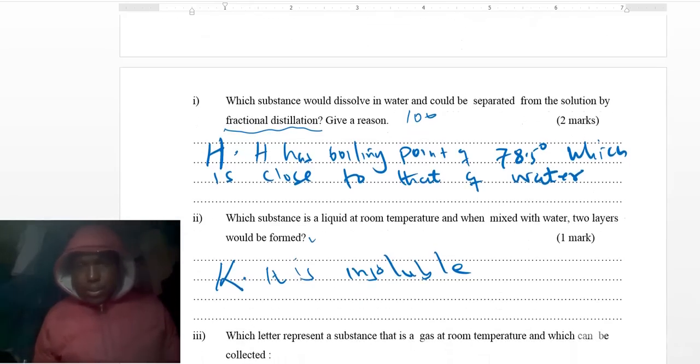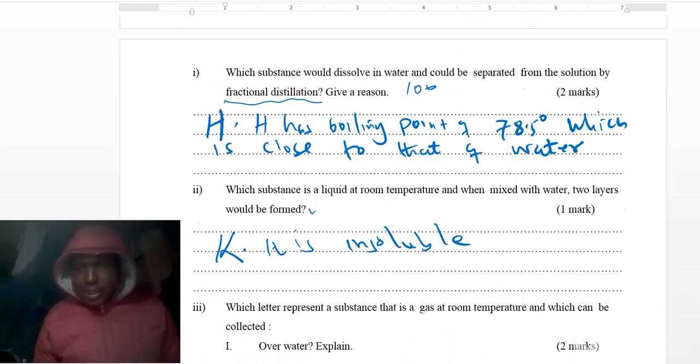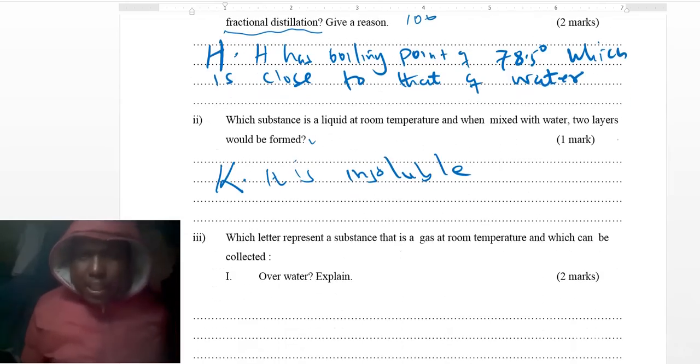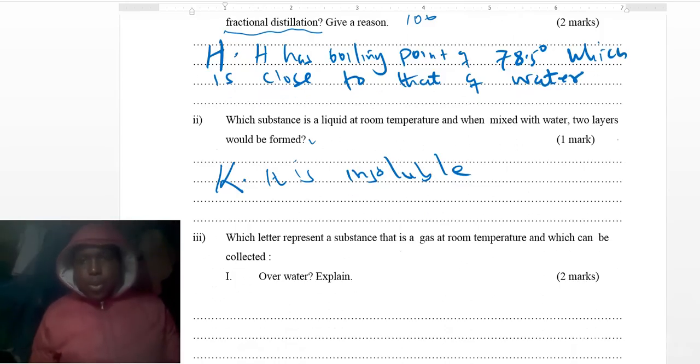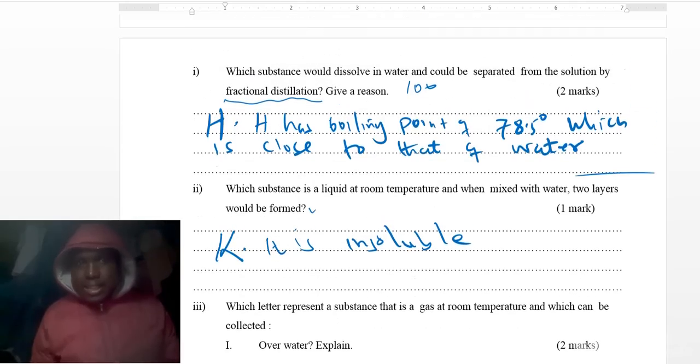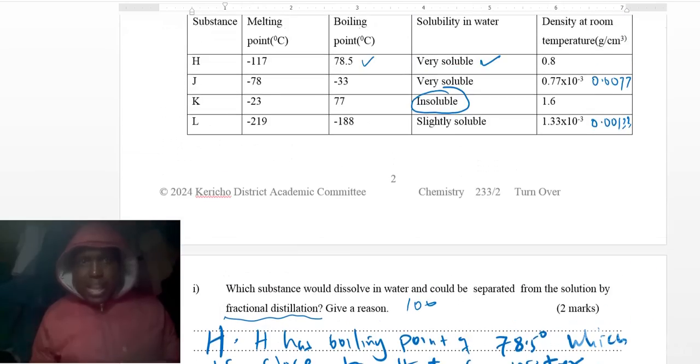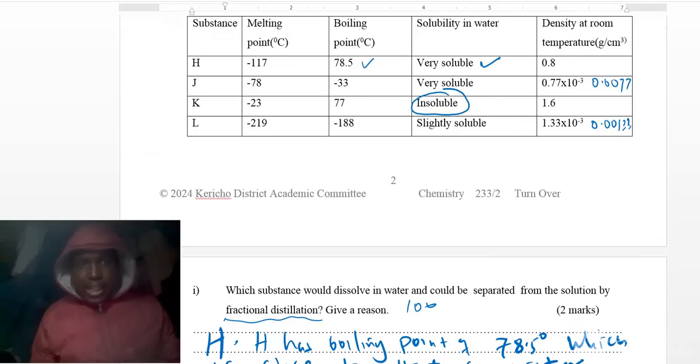Next question. Which letter represents a substance that is a gas at room temperature and which can be collected over water? So a substance which should be collected by the over water method should be slightly soluble in water. So that is the keyword that will help you. So go back to the table and check which substance is slightly soluble in water. Then when you look at it, you find that L is slightly soluble in water, K is insoluble.